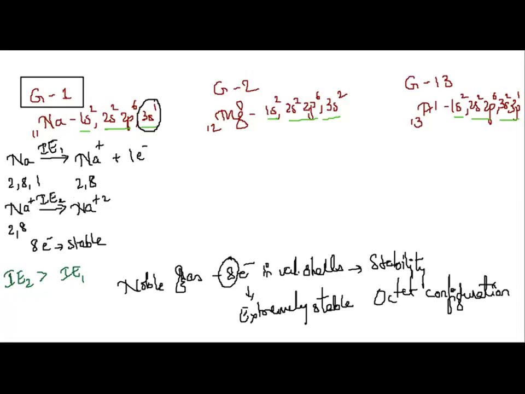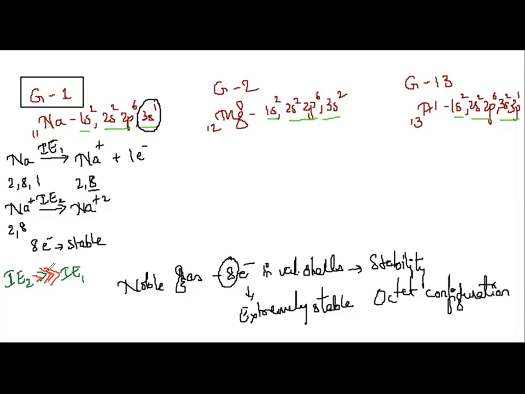When sodium loses one electron, it becomes heavily stable, that is, it occupies 8 electrons in its outermost shell. So to remove an electron from that highly stable configuration, I need to put in a lot more energy. Therefore, here I cannot just say that the second ionization energy is more than the first. No, the second ionization energy is very much more than the first ionization energy.